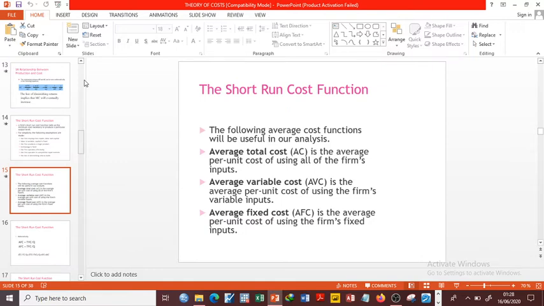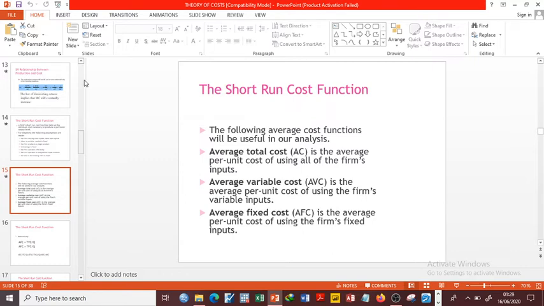Now, let's look at the different types of costs. There is what you call average total cost, and average total cost is the per unit cost of using all the firm's inputs. We are going to look at these costs and how they are estimated mathematically. And then we have average variable cost. Anything average has to do with the summation of the total observation divided by the number of observation.